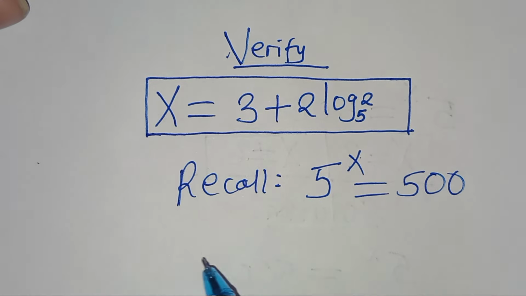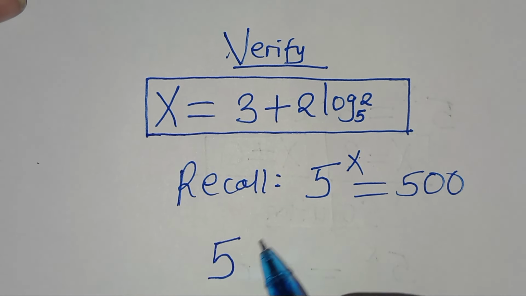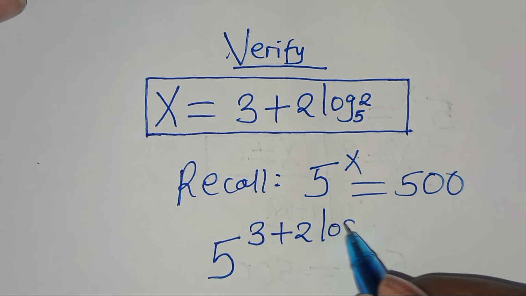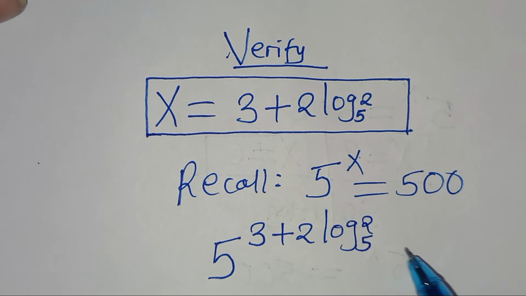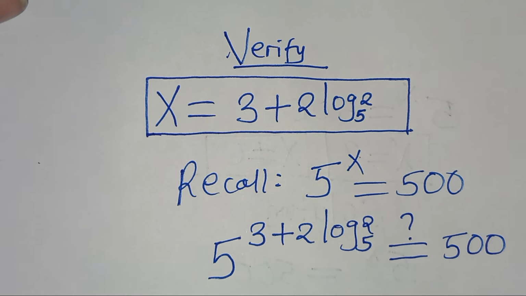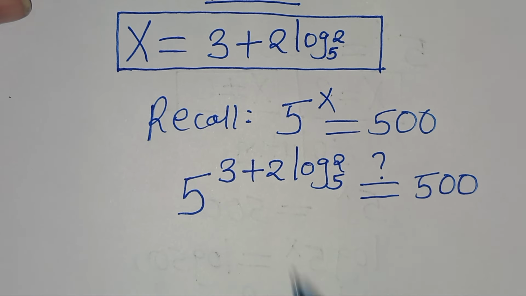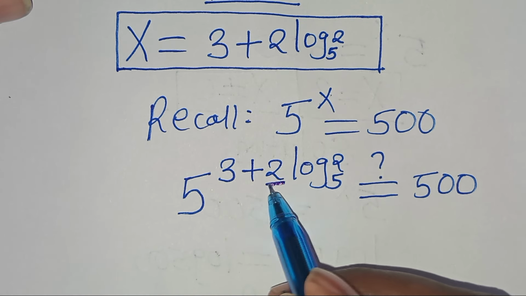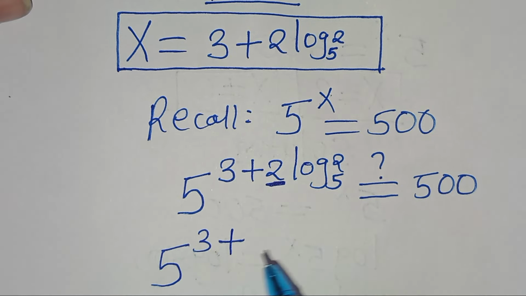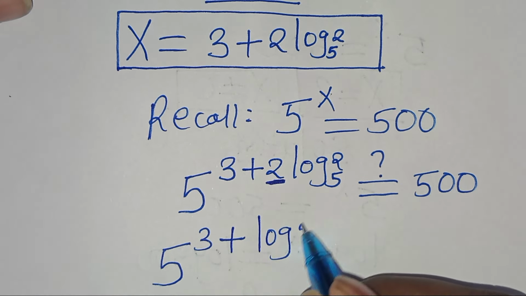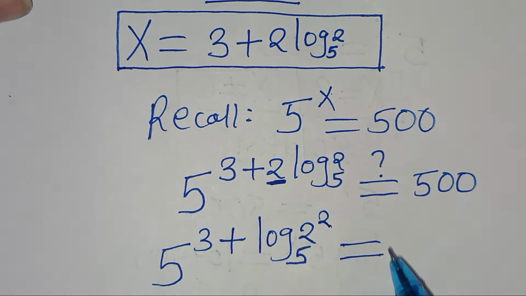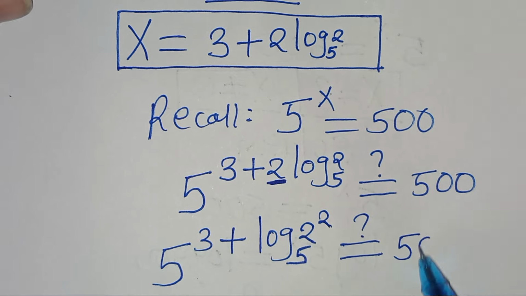So let's substitute the value of x so that we have 5 to the power of 3 plus 2 log 2 to base 5. This is supposed to give us a value of 500. The next step from here, you find that this 2 is a power, so we can express this as 5 to the power of 3 plus log 2 to the power of 2 to base 5. This should give us a value of 500.